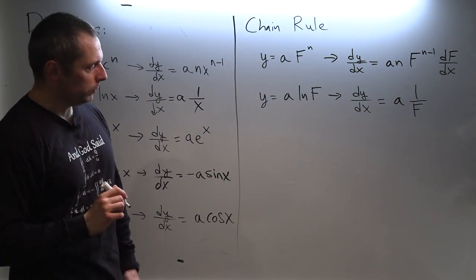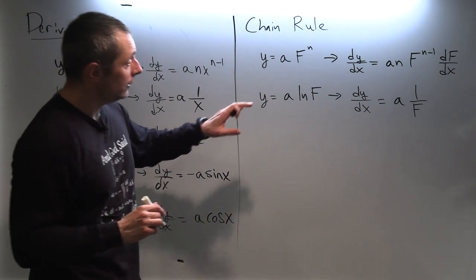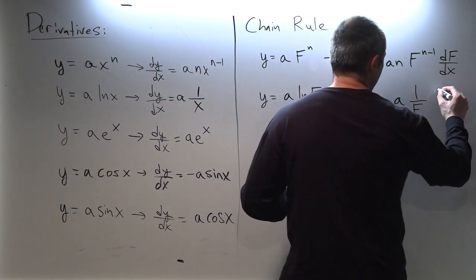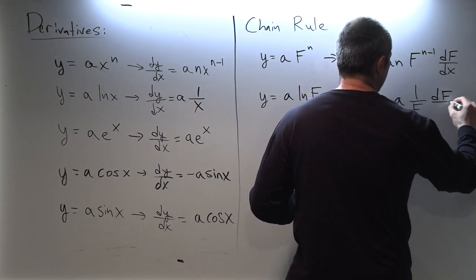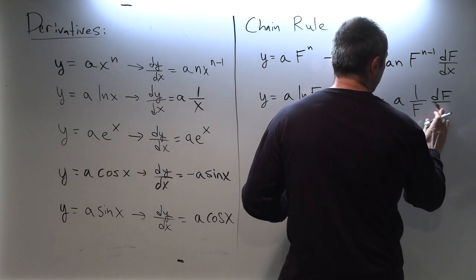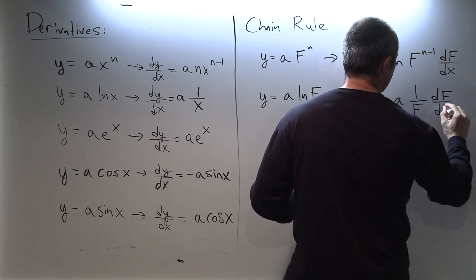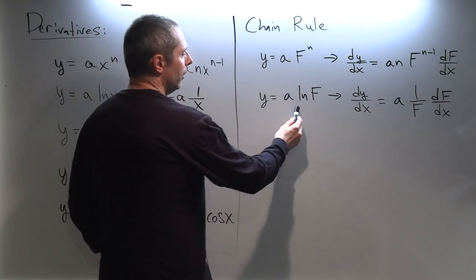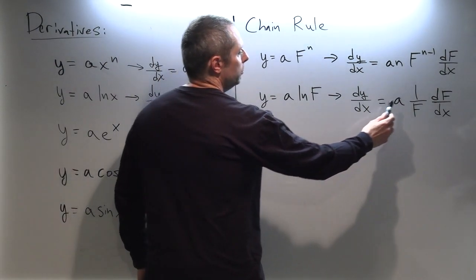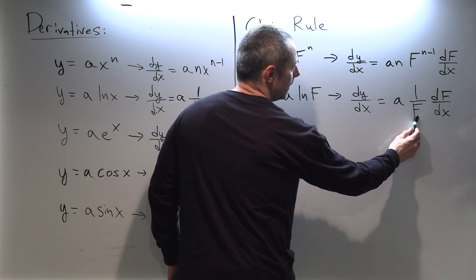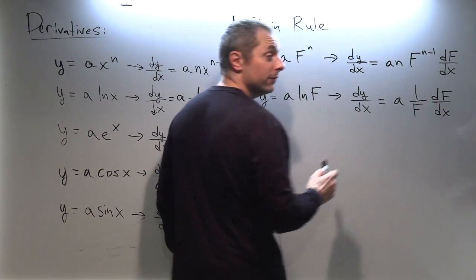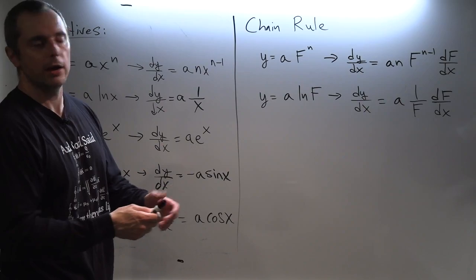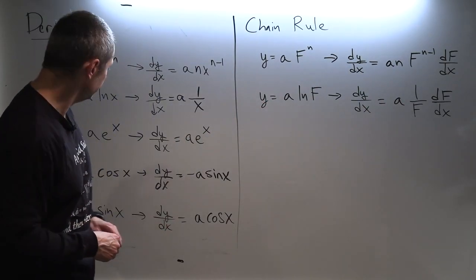But now, when we're done, or we're not done yet, to correctly evaluate this, we multiply by the derivative of that function inside the log. So I'll do examples later, but for example, log of x squared. So you put x squared down here, and then multiply it by the derivative of x squared, which is 2x. And now you have the derivative of the log of that function.